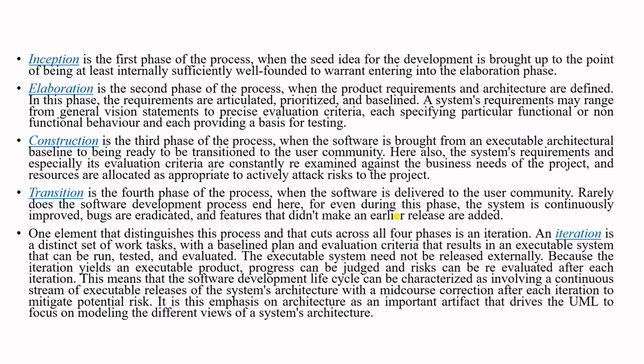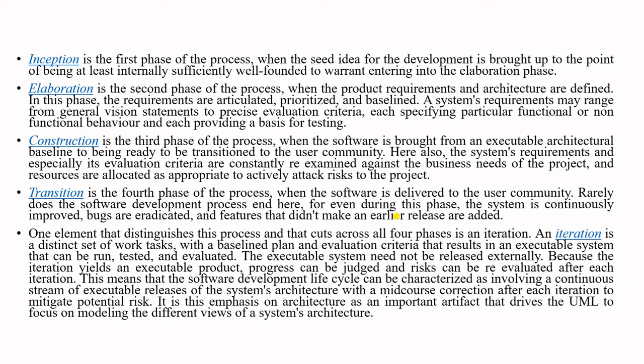Here also the system's requirement and especially its evaluation criteria are constantly re-examined against the business needs of the project, and resources are allocated as appropriate to actively attack risks to the project. Now, the transition. Transition is the fourth phase of the process.